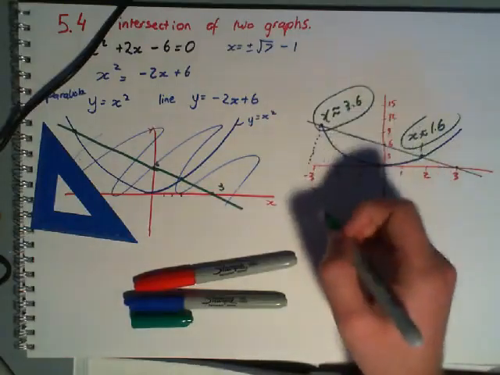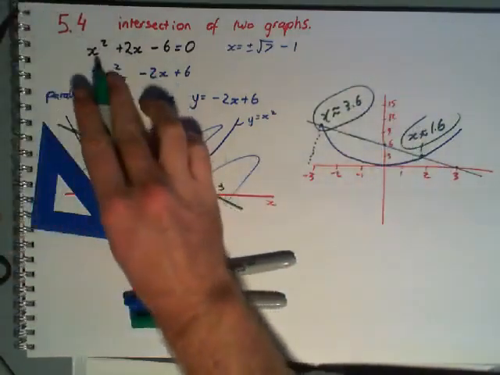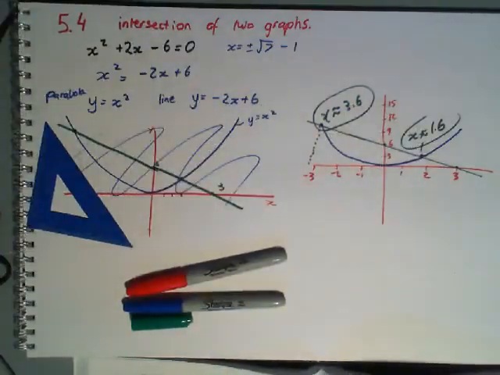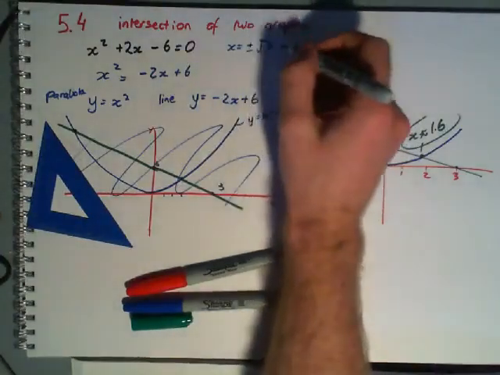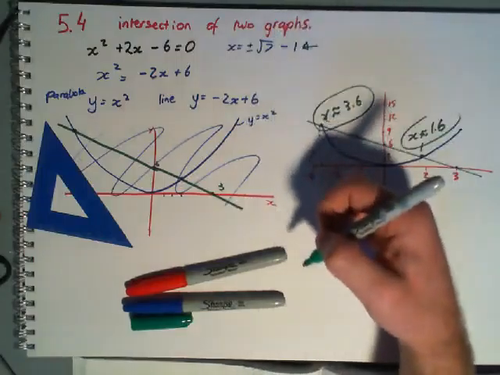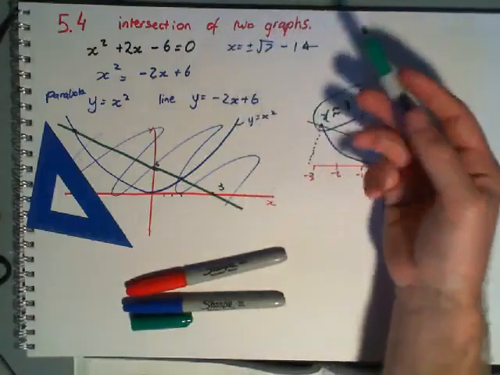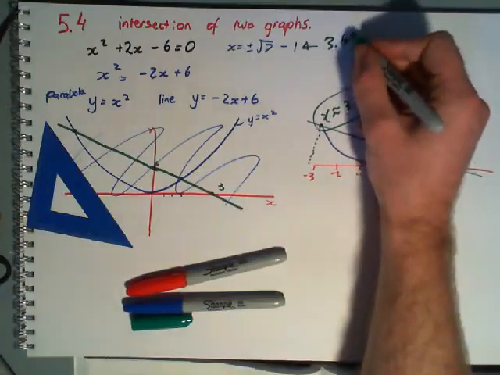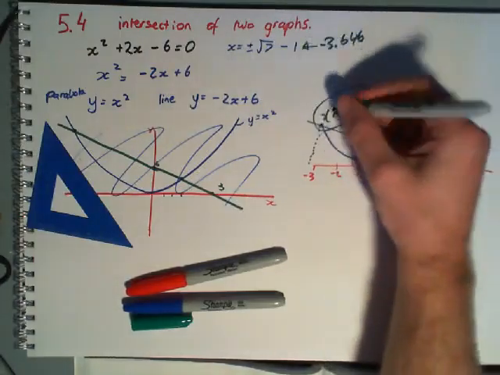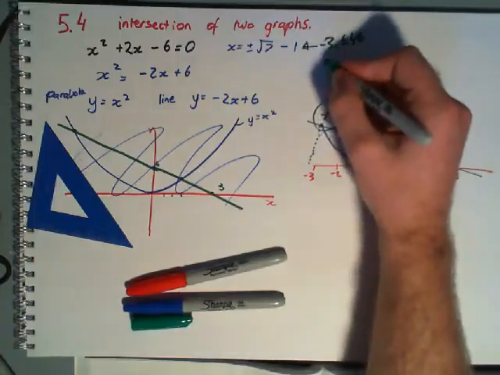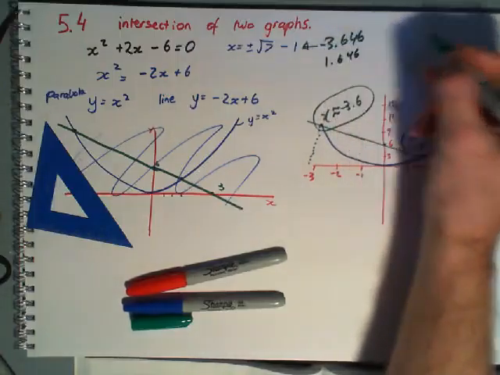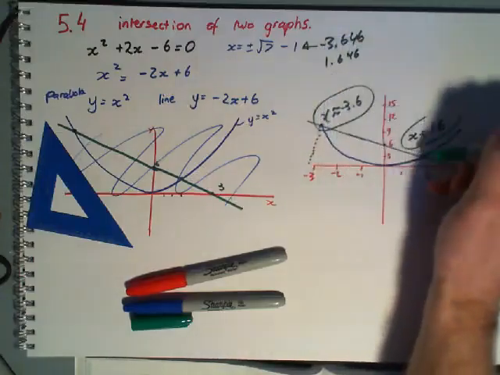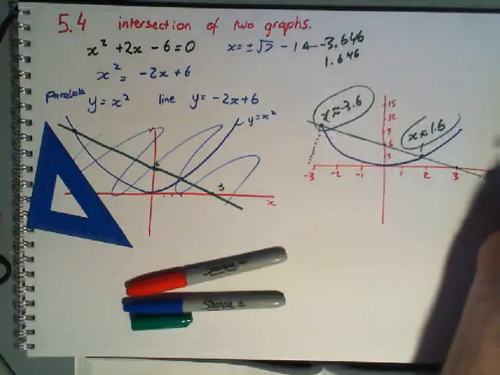That's our estimate for the actual solutions of this equation here. And if we actually worked out, because we know the actual solutions, we get x equals minus 3.646 or x equals 1.646, so it's close. So we should get something close to these two solutions.